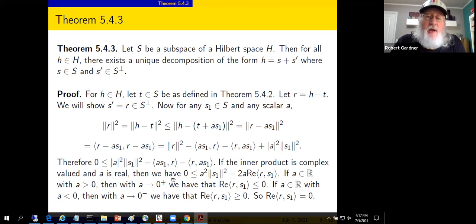Take this to the other side, divide both sides by A. A's negative, that'll reverse the inequality. Same argument. You'll reverse the inequality in the argument as well, and you'll get that the real part of the inner product is greater than or equal to 0. Well, the only way you can have the real part less than or equal to 0 and greater than or equal to 0 is if the real part is 0. Let's repeat that argument again on the imaginary part.